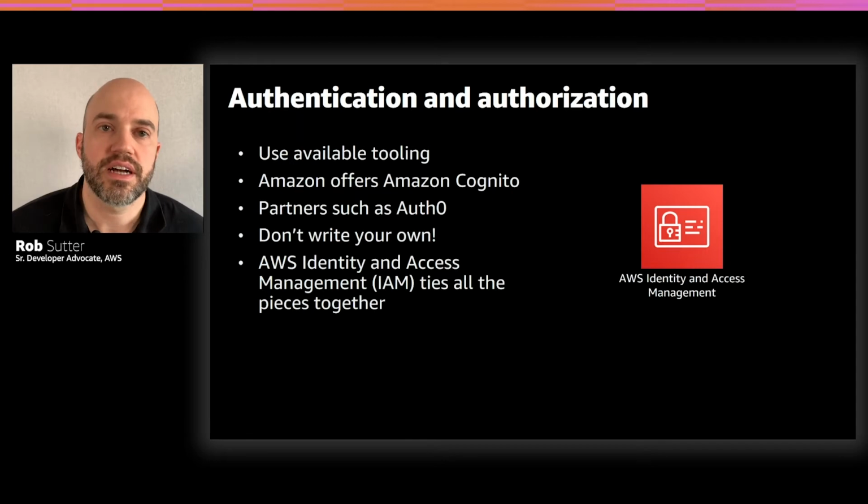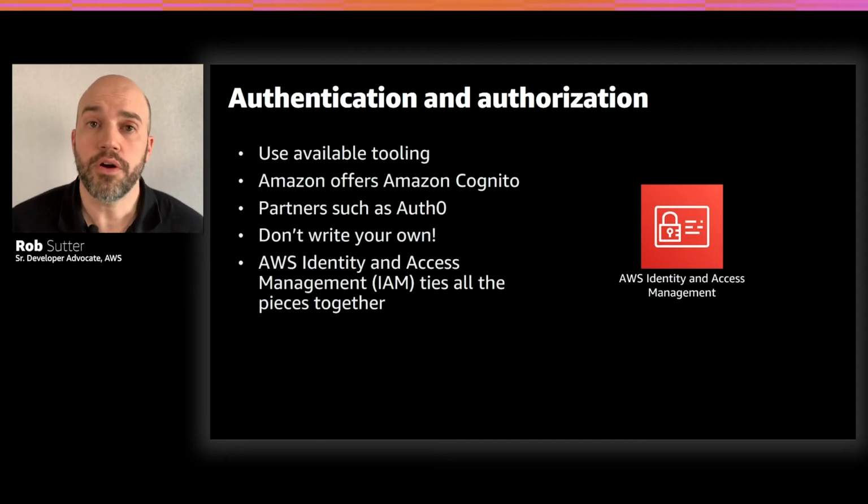Amazon offers Amazon Cognito, a managed service, which allows you to create user pools or federate user pools with existing identity providers and use that to provide authentication and authorization services for your application. There are also partners such as Auth0 that offer identity as a service. In the end, once your user is authenticated, you'll use AWS Identity and Access Management, or AWS IAM, to stitch all of these pieces of your application together.